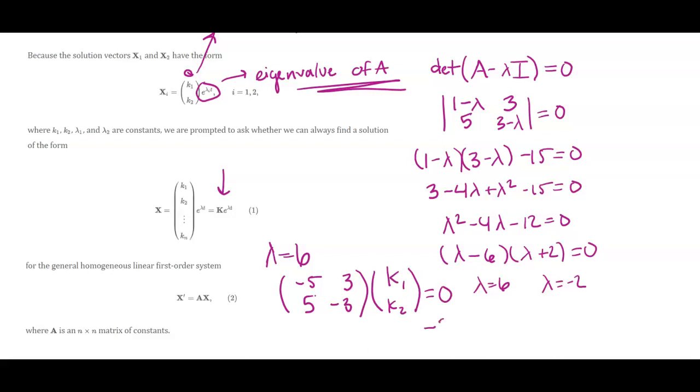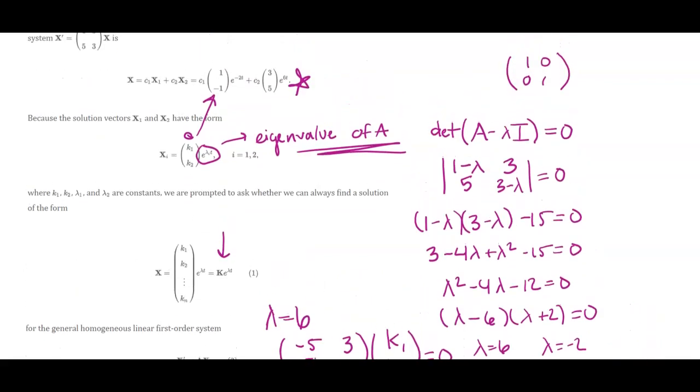That means negative 5 K1 plus 3 K2 needs to be 0, and 5 K1 minus 3 K2 needs to be 0. That's only true if K1 is 3 and K2 is 5, or any multiple of that, but that's the most basic. And that's what you get in front of our e to the 6t.